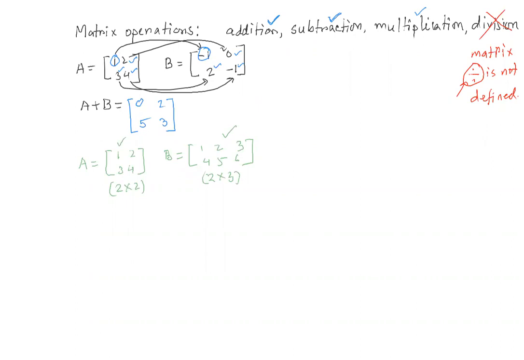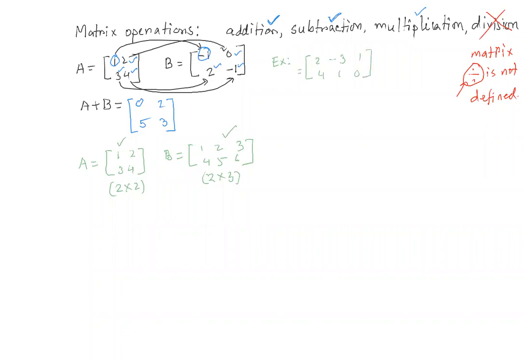So now let me give you another example of subtraction. This is something you may want to pay closer attention to because at times I have seen students make mistakes. Okay, so let's see. 2, negative 3, 1, 4, 1, 0.